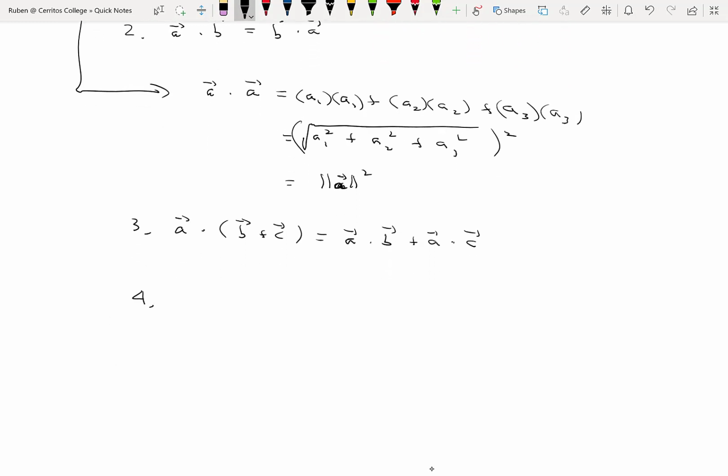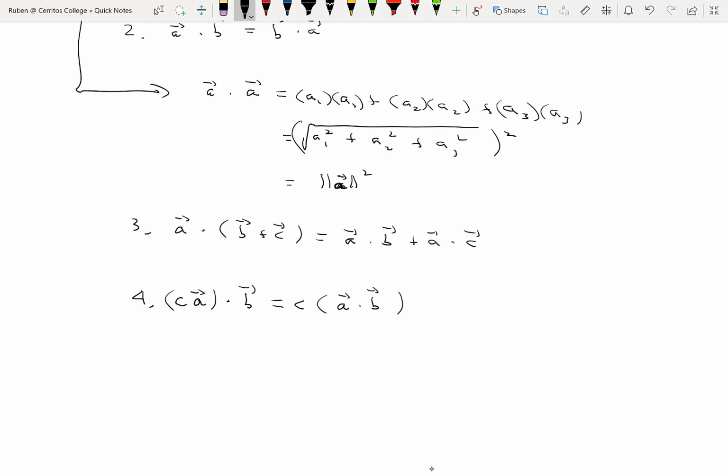Four: if you take A and scale it longer or shorter, that means multiply by a scalar. That result is a vector. CA is a vector, so we can dot it with B. This part of the property says that C can be done last. You can find A dot B first and then multiply by C.